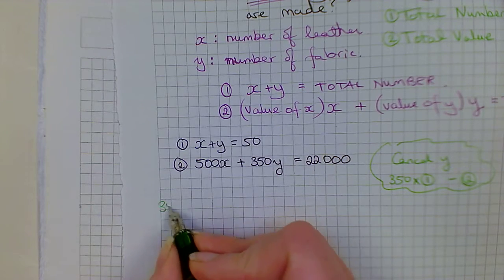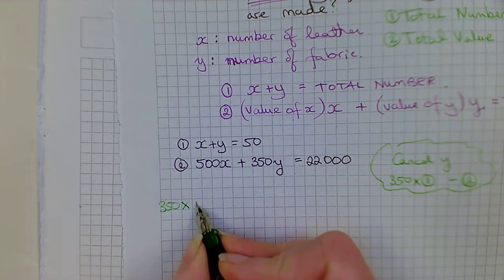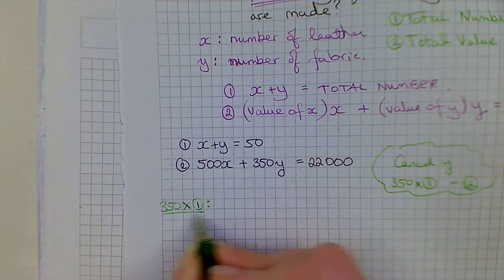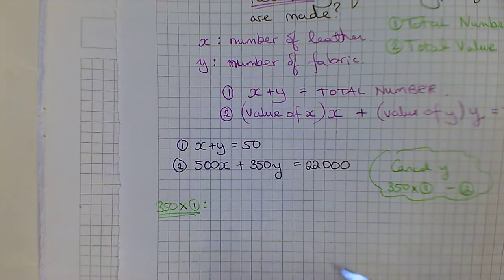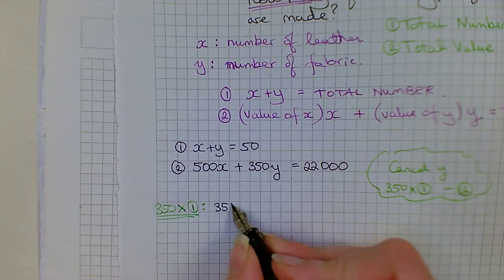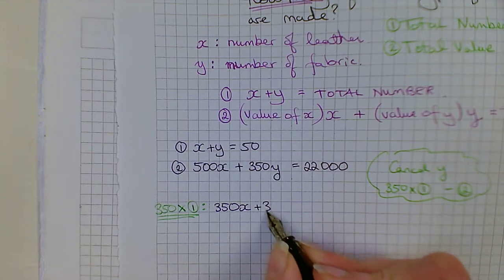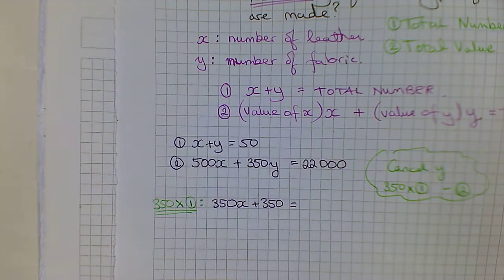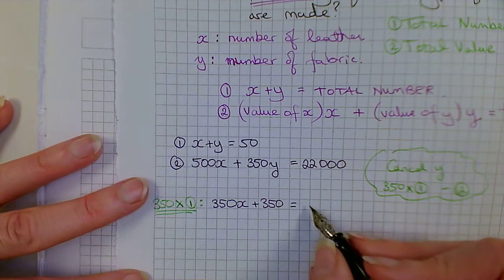So 350 multiplied by equation 1 gives me 350x plus 350y equal to 50 by 350. I'll do that in my calculator and get 17,500.